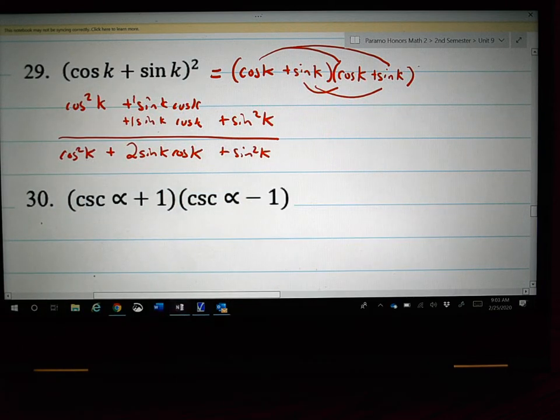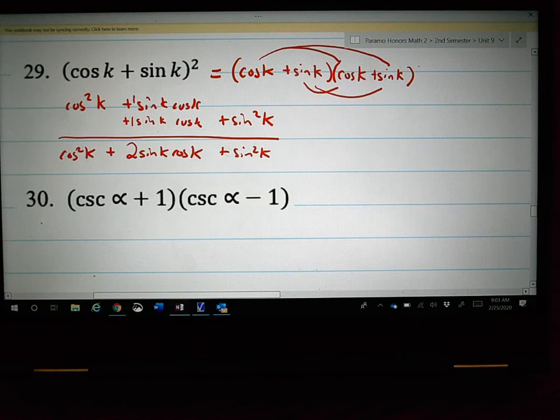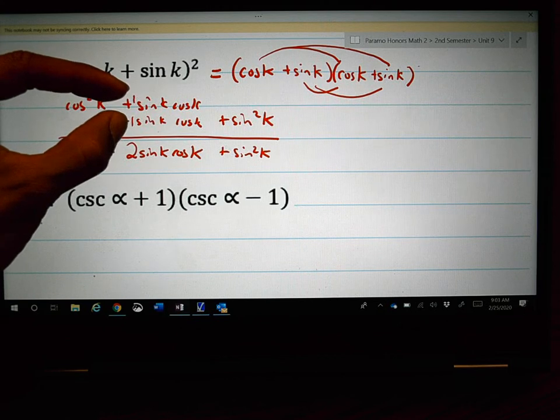There may or may not have been people who got this far. Now we're at the point where we have something different than the people who just tried to square this and square that. If you got this far, I'm hoping you knew to combine these two things. That multiplication can be written in either order.